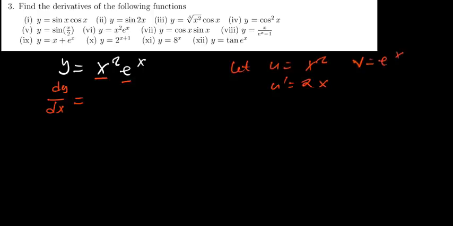So dy over dx, that becomes, now I want you to understand that this is a function, this is a function. So we'll say let u be equal to x squared, u prime will be equal to 2x. Then v will be equal to e to the power x. Now what's the v prime?